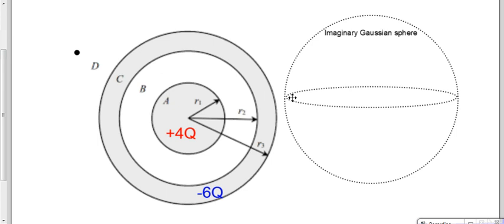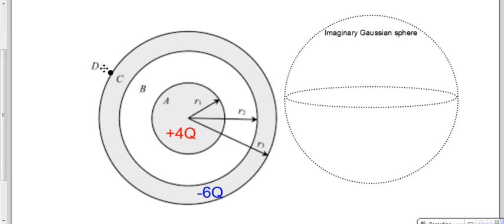And what's important is that the Gaussian sphere be centered on the actual metal spheres and also go right through wherever the dot happens to be. So if your dot is way here in region A, you would draw a tiny little Gaussian sphere.